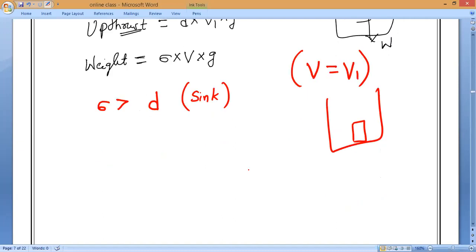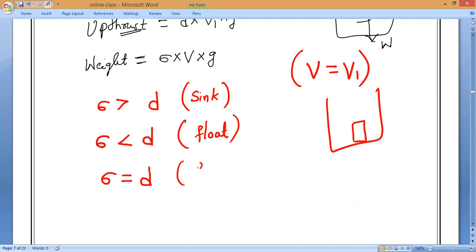It will sink. Next, if the density of the object is less than the density of the liquid or fluid, the object will float.